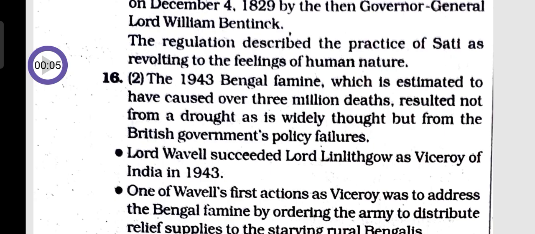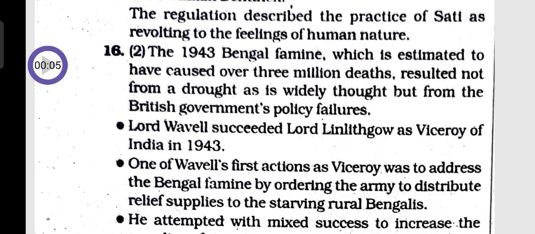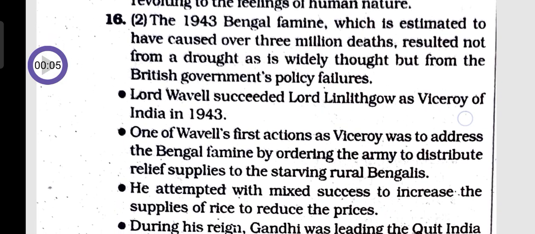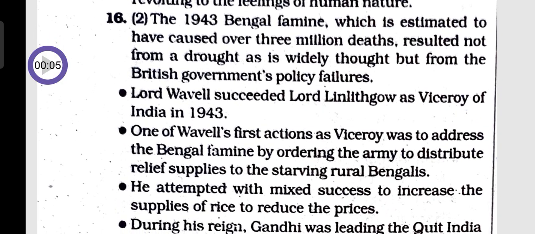One of Wavell's first actions as Viceroy was to address the Bengal famine by ordering the army to distribute relief supplies to the starving rural Bengalis. He attempted with mixed success to increase the supplies of rice to reduce the prices.